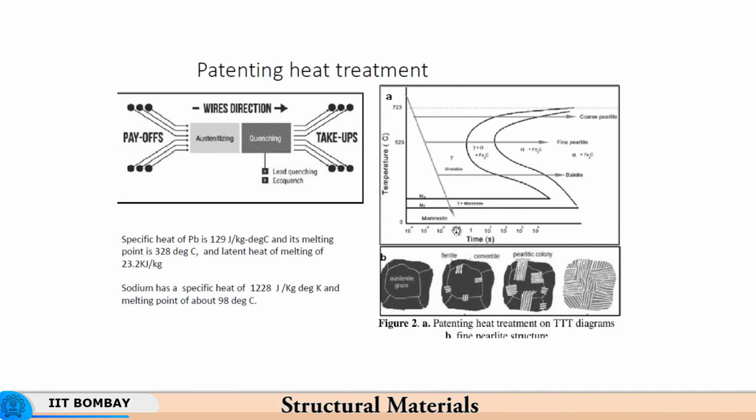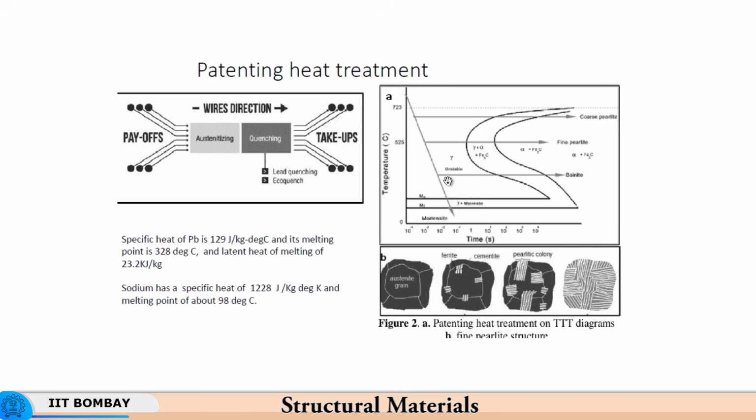You don't want martensite, so what you need is bainite formation here, and therefore you have a very fine microstructure, and that's the reason why holding it at 328 degrees centigrade is useful. If it is held at high temperatures, you will get coarse pearlite and coarse microstructure, which has relatively lower strength.